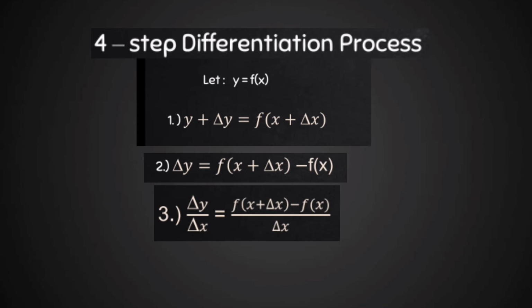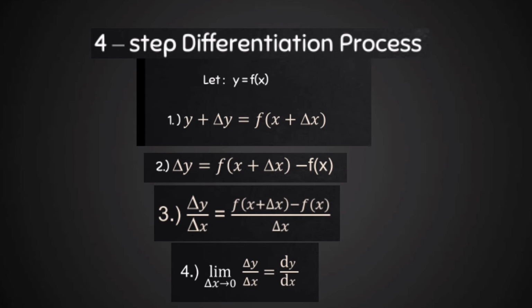And now let's proceed to the final step, which is getting the limit of the whole expression on step 3, which is delta y over delta x is equal to f of x plus delta x minus f of x over delta x.